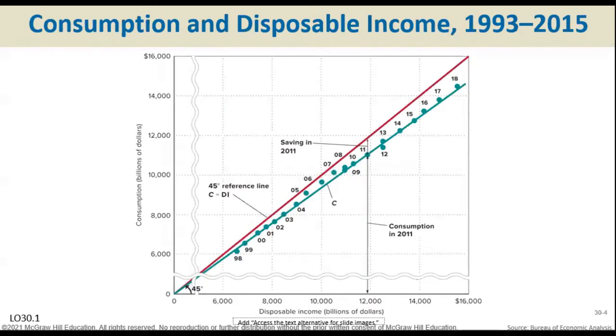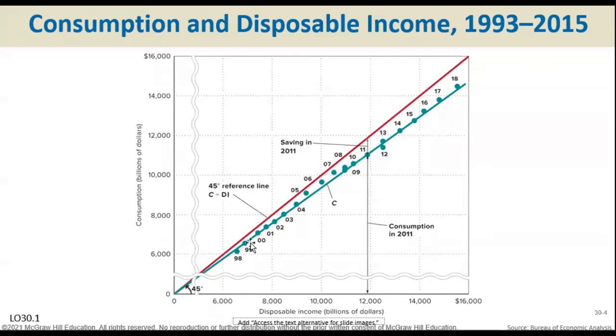So let's look at this graph that shows you the consumption and disposable income in the United States. The data show you from 1993 to 2015. So you have the consumption and the disposable income.